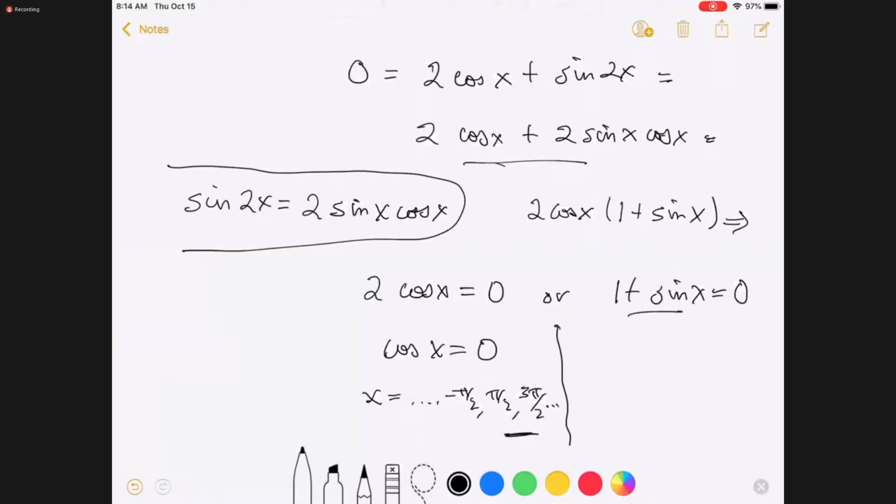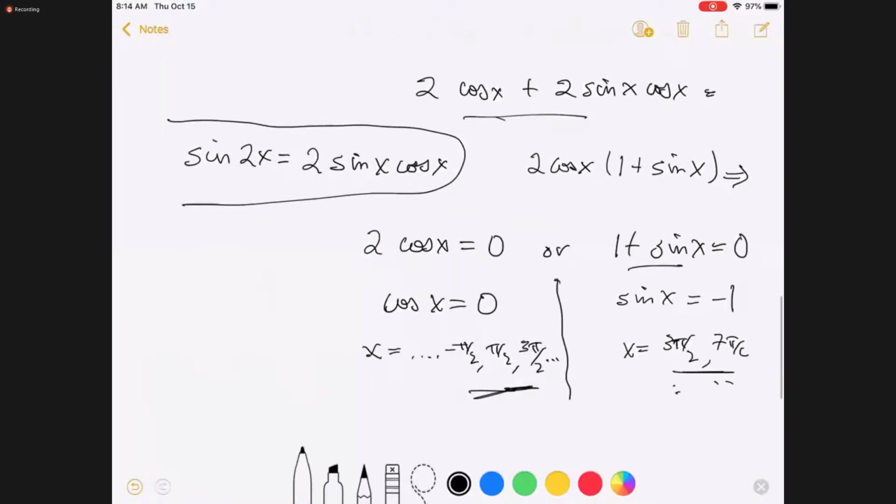And this says that the sine of x is minus 1. Well, that happens at 3 pi over 2 and 7 pi over 2, an infinite number of places. But notice that these numbers are a subset of those numbers.